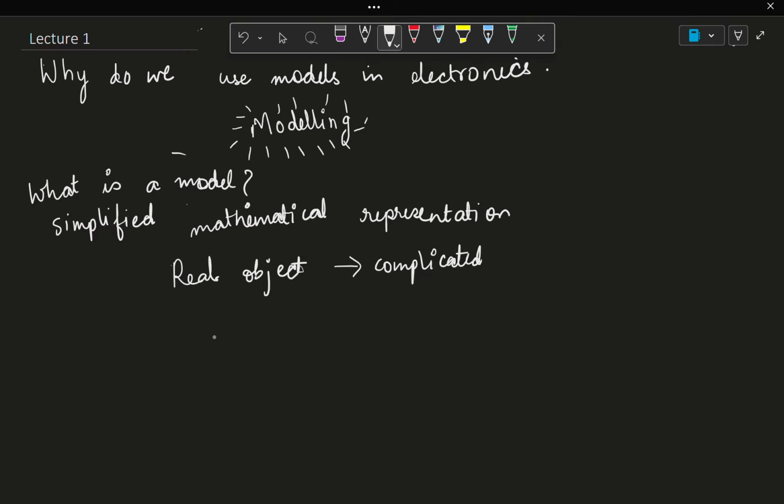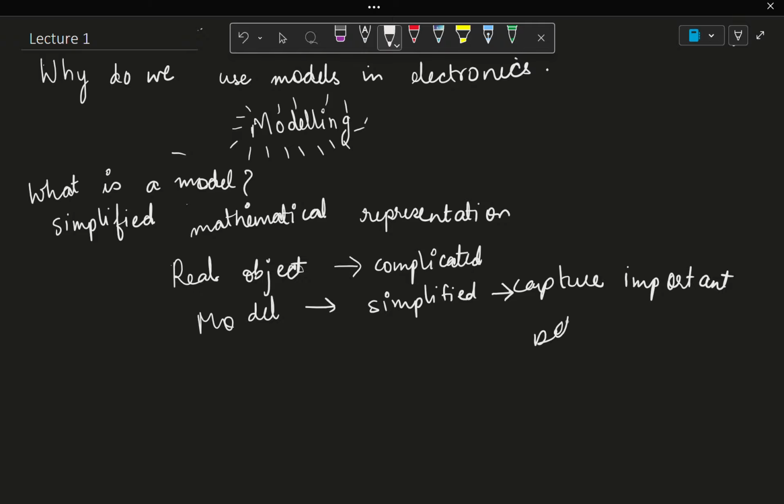Whereas the model is simplified, but an important distinguisher is that it also must capture important behavior. A model allows us to predict how a device behaves without examining every single atom inside it.